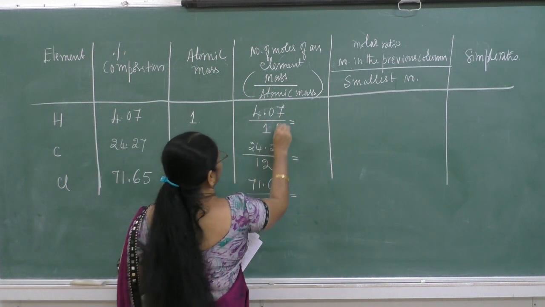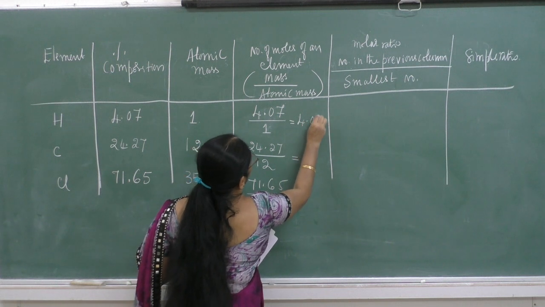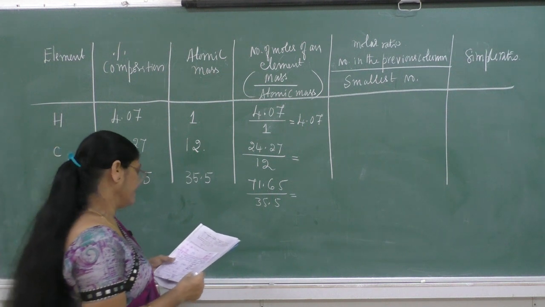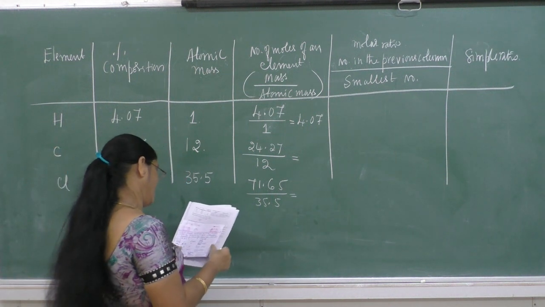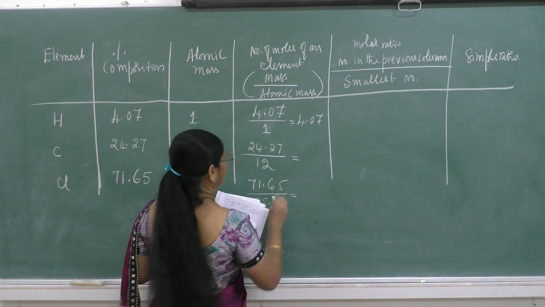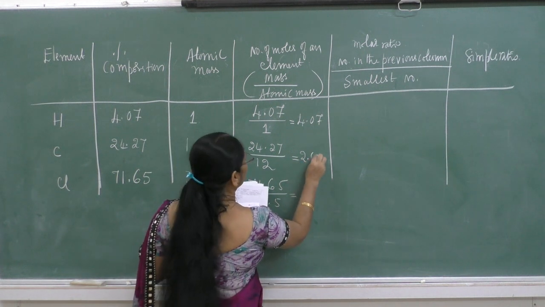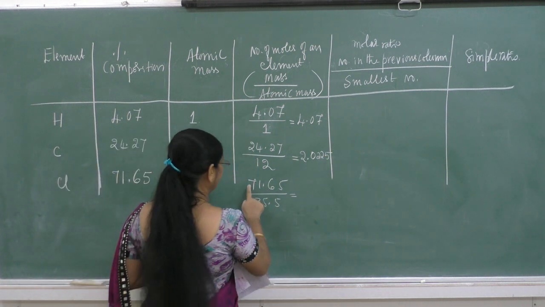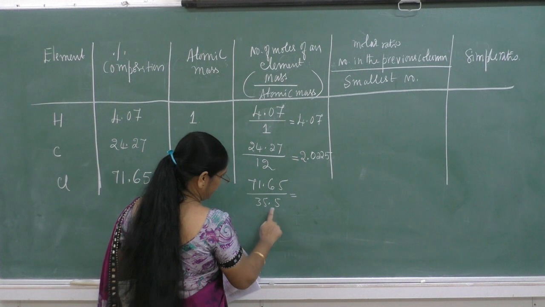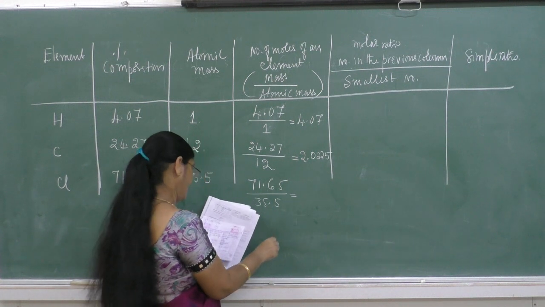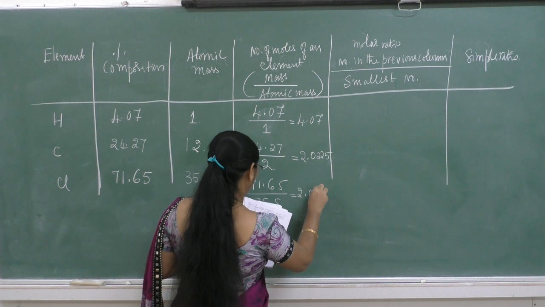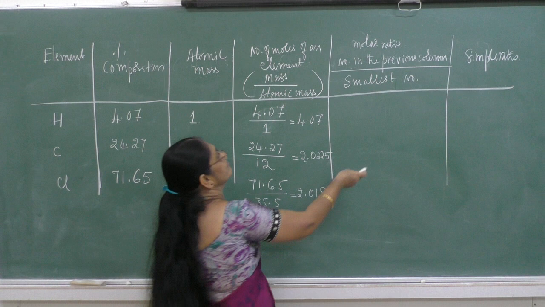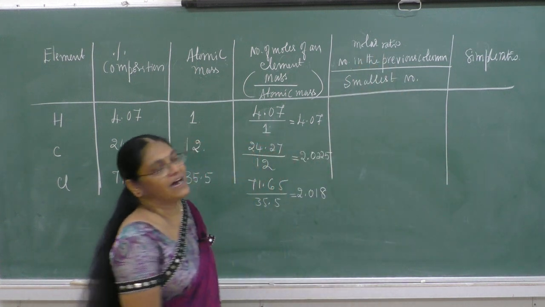So 4.07 divided by 1 is equal to 4.07. Then 24.27 divided by 12 is equal to 2.0225. Then 71.65 divided by 35.5 is equal to 2.018.